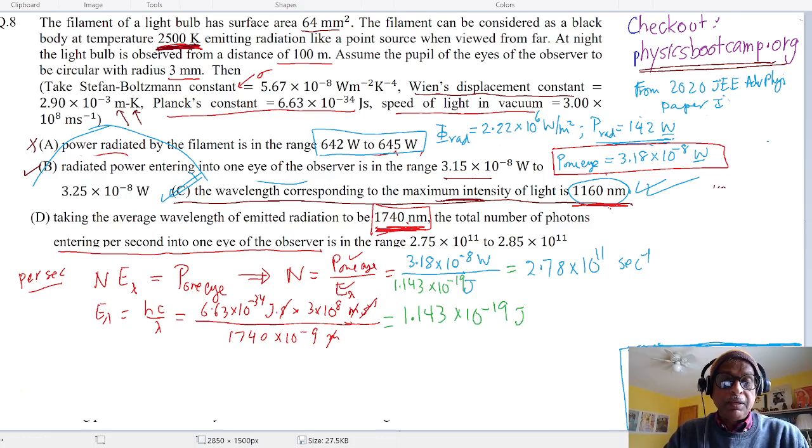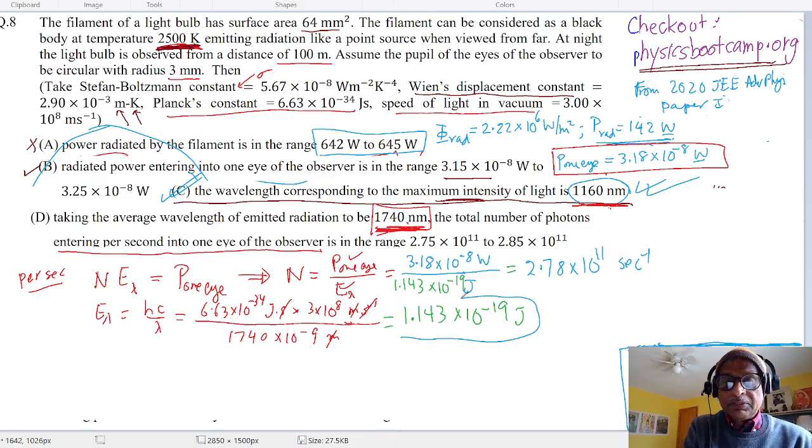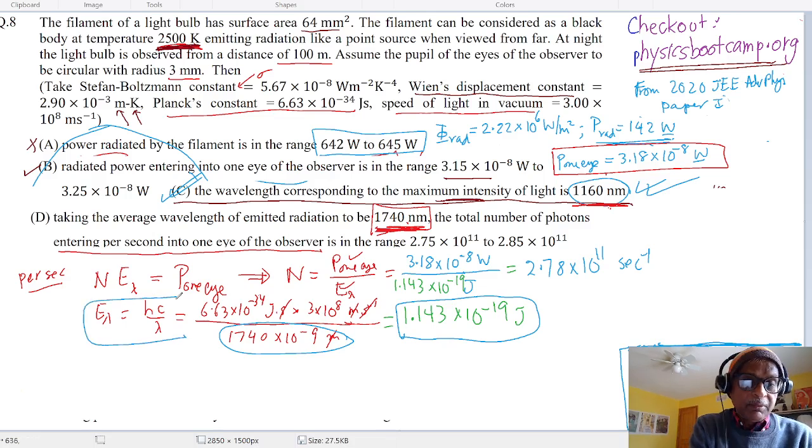Okay, so I completed these calculations over here. I got this much energy per photon of this wavelength. I had to remember this formula. If you don't remember this formula, you can say E equals h times frequency, and frequency is c over lambda.